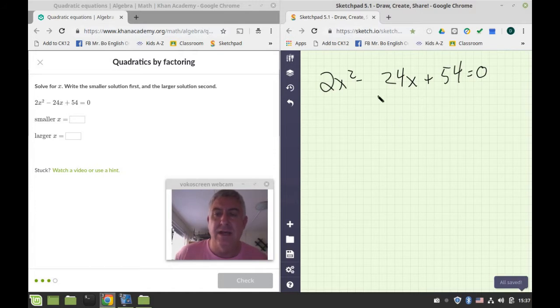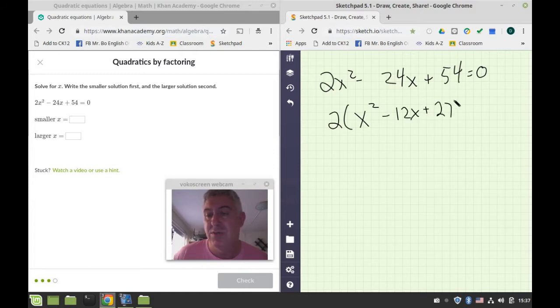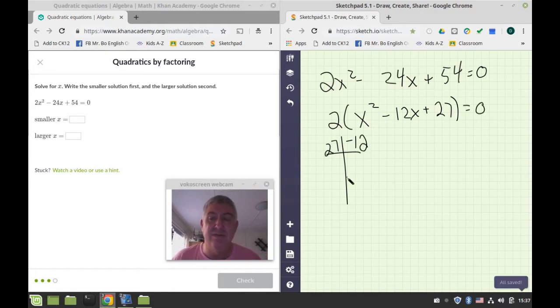Okay, and again, I see I can pull out that 2, so they're really working on that one this time. Minus 12x plus 27 is equal to 0, so what factors do I want? I want factors of 27. And what sum do I want? I want the sum of negative 12.